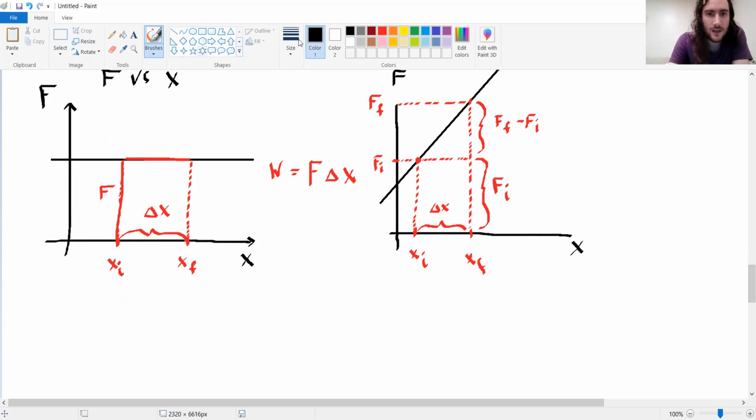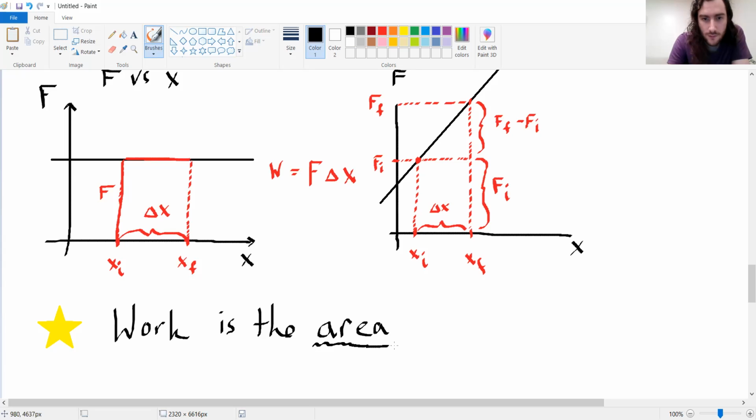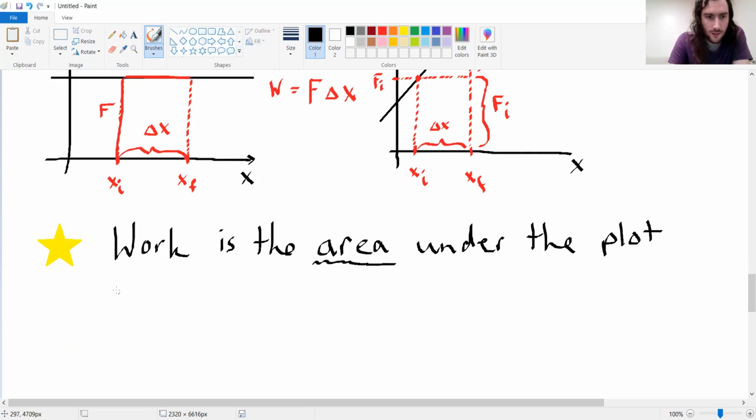So let's go ahead and get a little bit colorful here. So here's the point of things: when we have a variable force, or any force for that matter, the work is the area under the plot of F versus x.